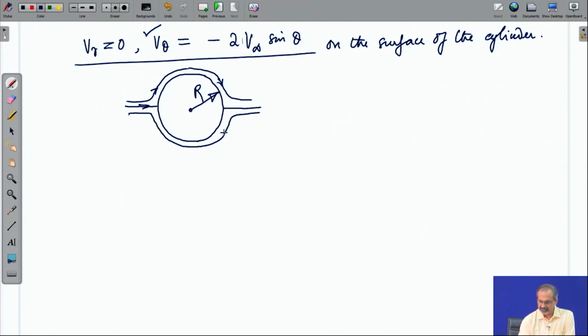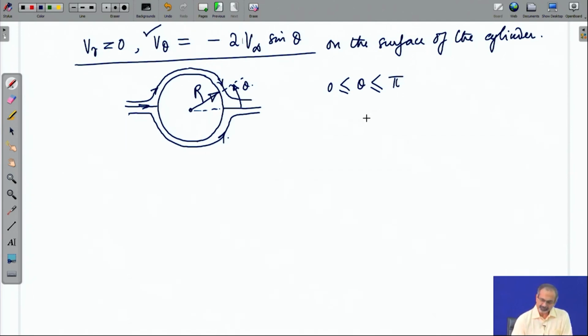Now, going by this expression, remember that we consider theta from here. So, when theta varies between, let us say, 0 is less than theta less than or equal to pi, that is basically the top part of the cylinder.